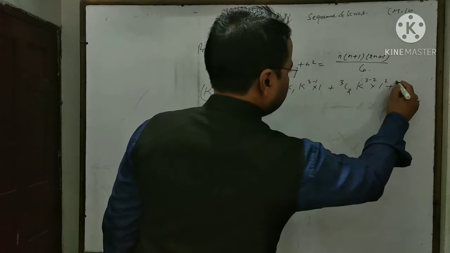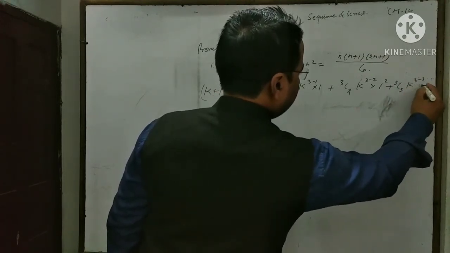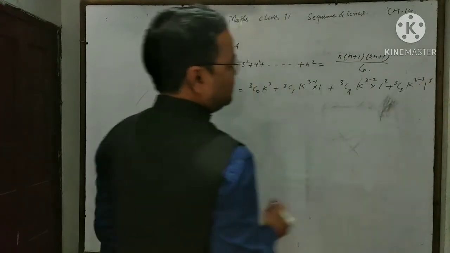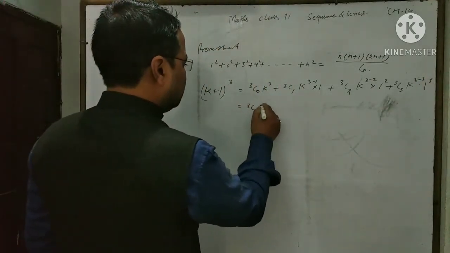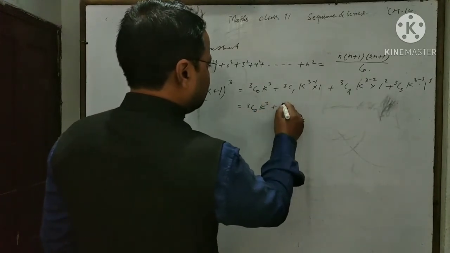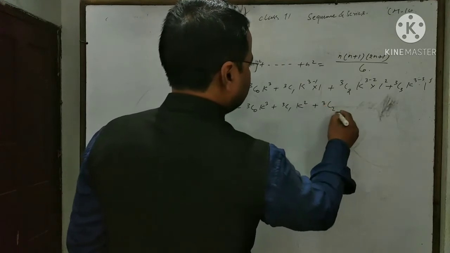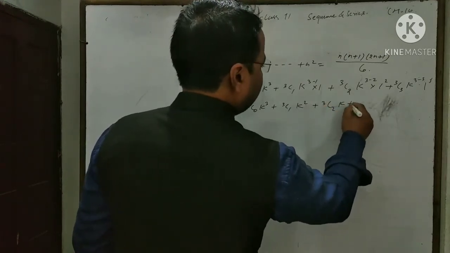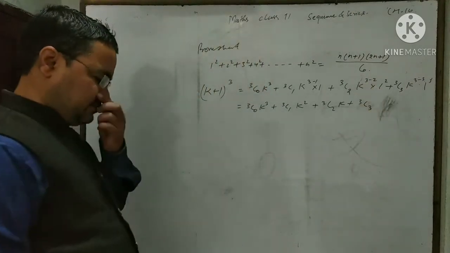Again here 3C3 k raised to the power 3 minus 3 into 1 raised to the power 3. Or simply we can write here 3C0 k cube plus 3C1 k square plus 3C2 k plus 3C3. Simply we can write. Okay.